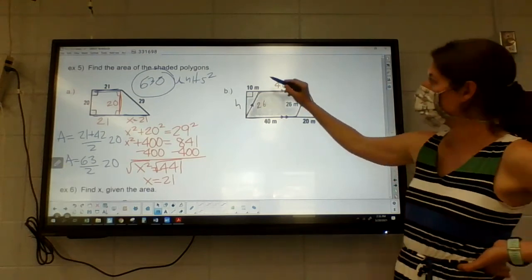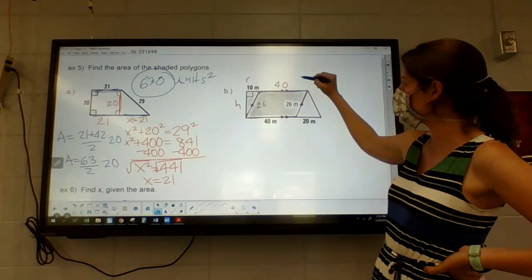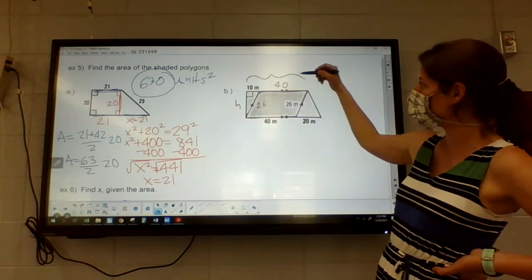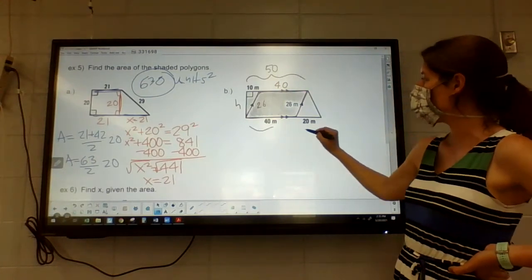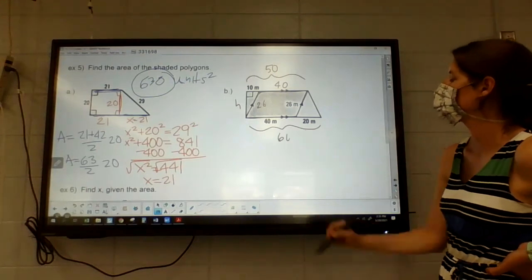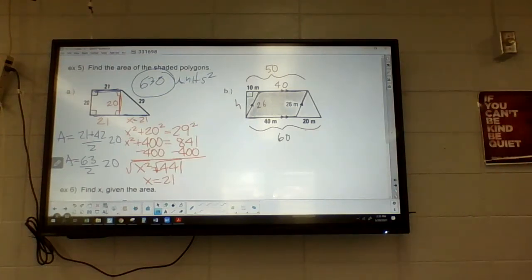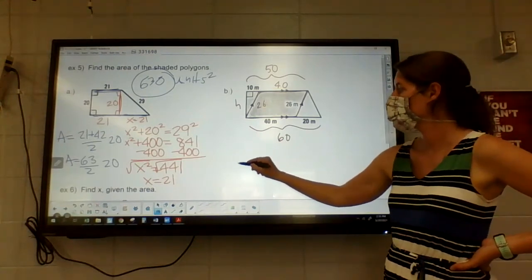Now, one of the things I want to point out is if we're looking for the bases, this whole top base is going to be 50. This whole bottom base is 60. And then for the height we're going to have to use the Pythagorean theorem again.